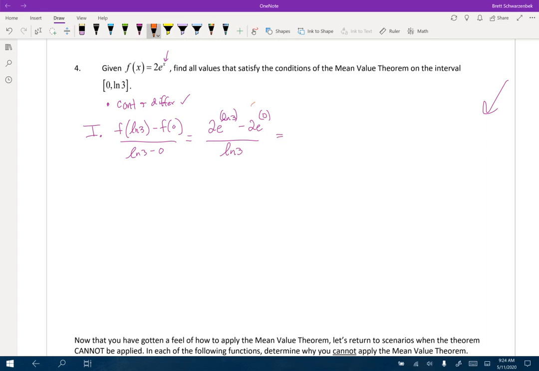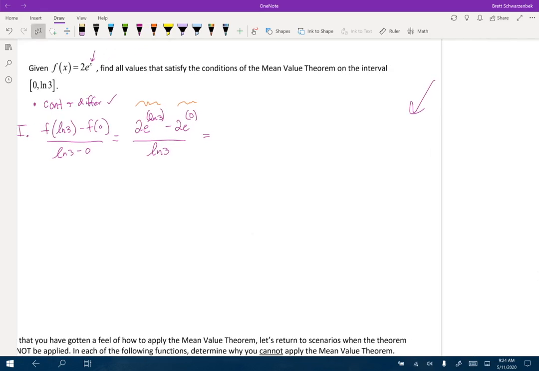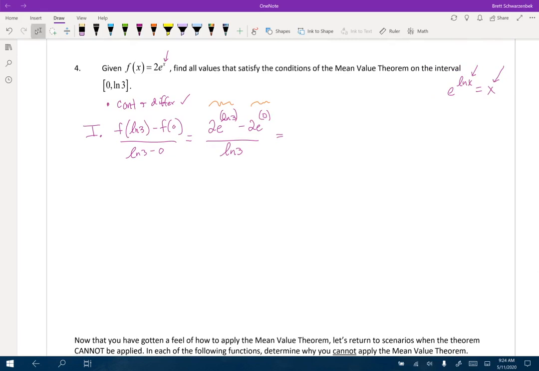But just a shortcut, it's a famous, basically, e to the natural log of x is actually equal to x. So whatever this value is right here is always going to be this value. So that means e to the natural log of 3 is just 3.